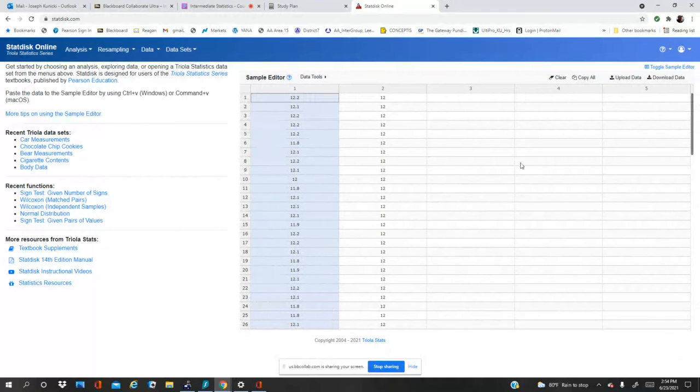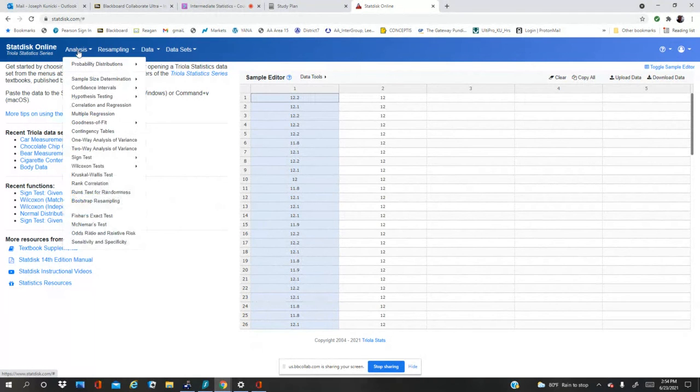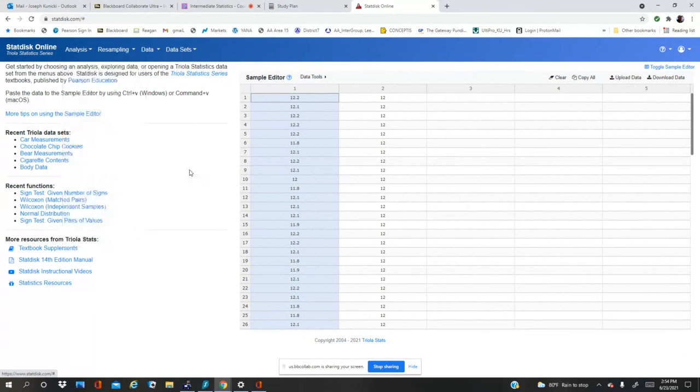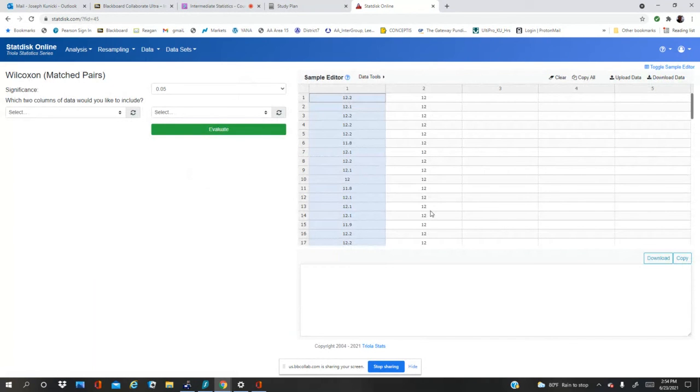Looks like it. Now notice that in StatDisk, I need matched pairs. I can't just reset the test. So with matched pairs, notice that column 2 is all 12s. And it was 0.05, so that stays.